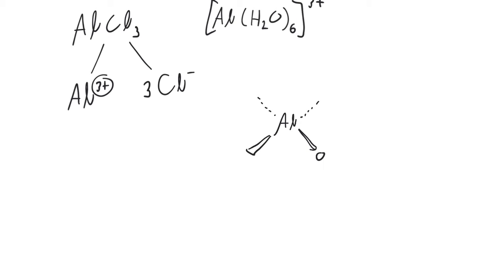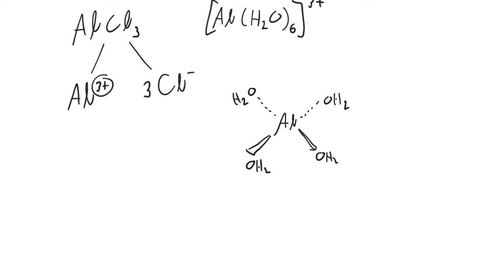So this will be water molecules, and I'm writing it as OH2 just to show that it is the O that is bonded to the aluminium, and it actually forms a dative covalent bond. One of the lone pairs on the oxygen is used to form a bond with that central aluminium ion.